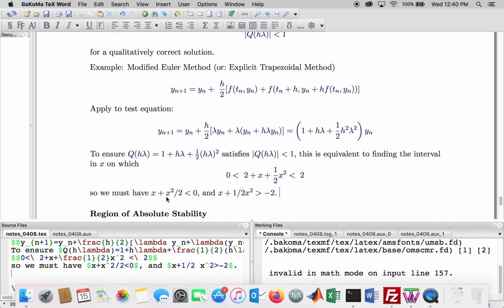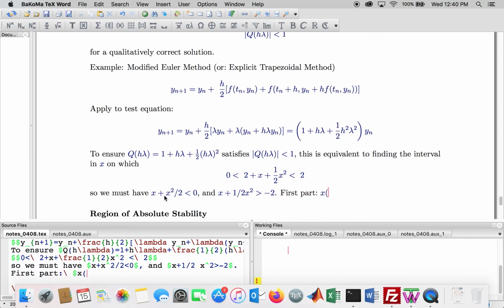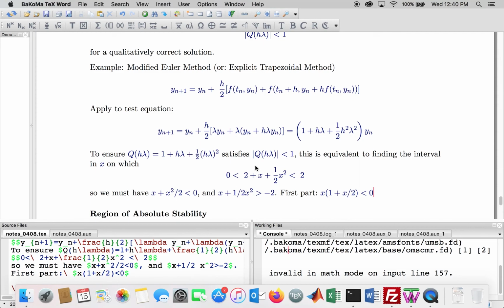So how can we ensure that? Well, from this part, we can go ahead and factor an x out. So x times 1 plus x over 2 must be negative. Now, x itself already is negative. So we must ensure that this part remains positive.